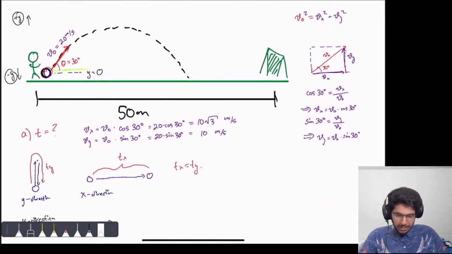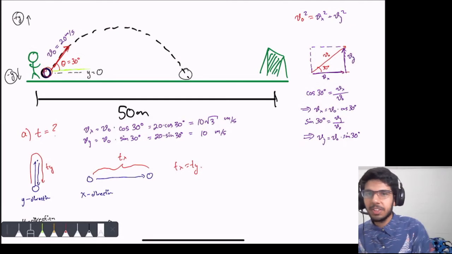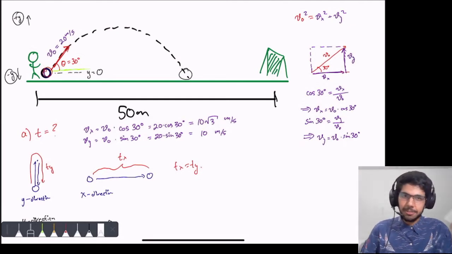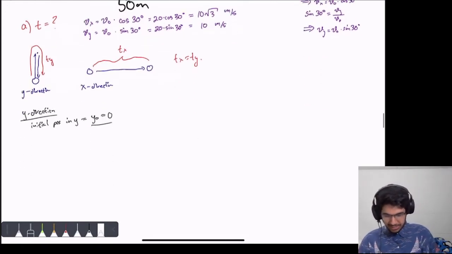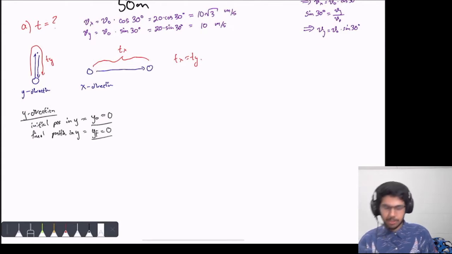But the ball eventually reaches its final place, which is also on the ground. So that means at the end of the journey, after it flies through the air, it's still at y equals 0. So final position in y equals yf equals 0.